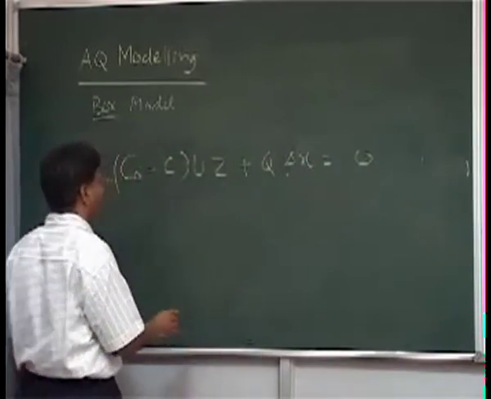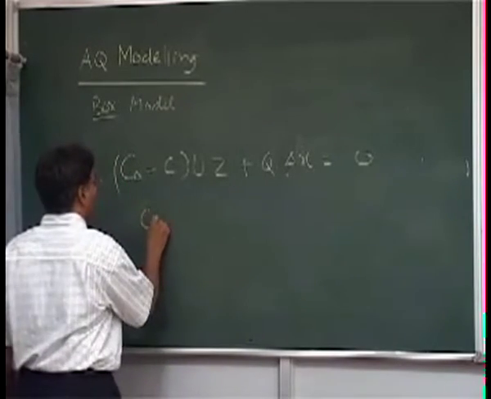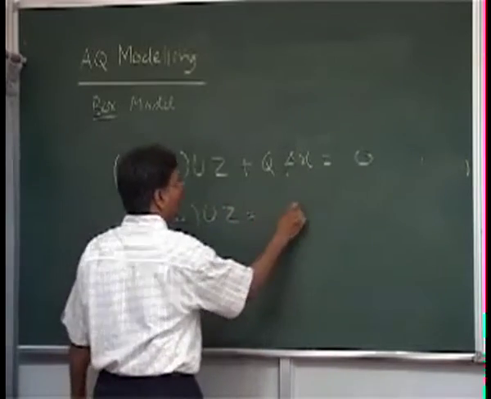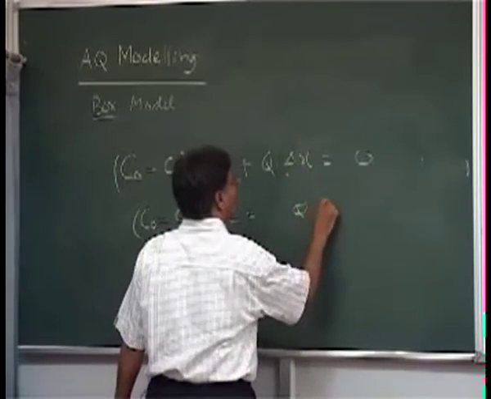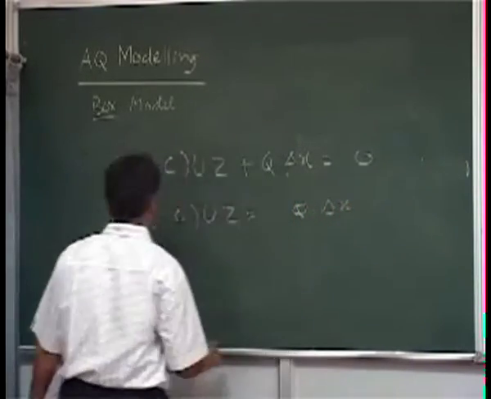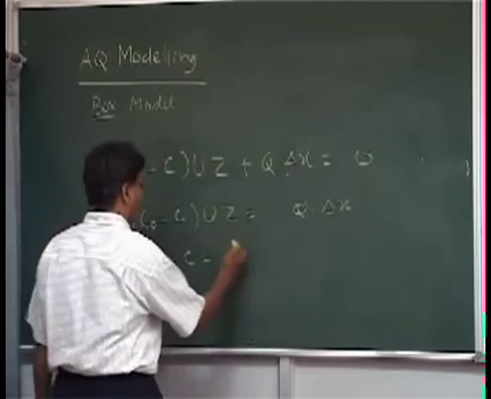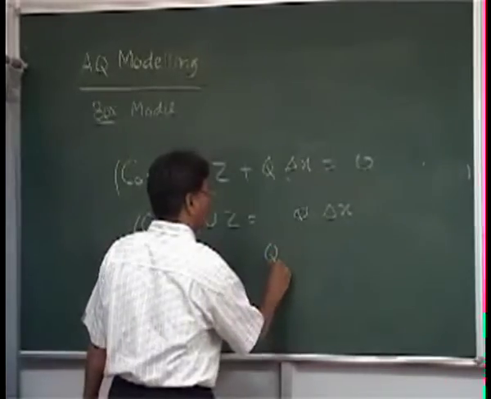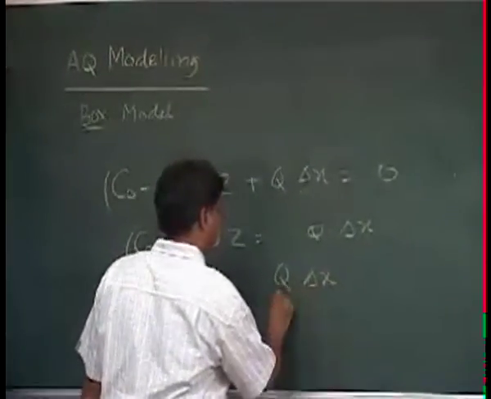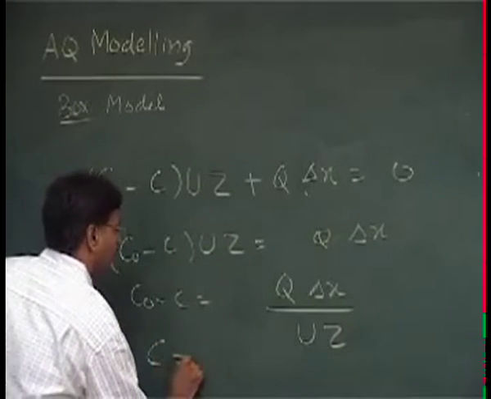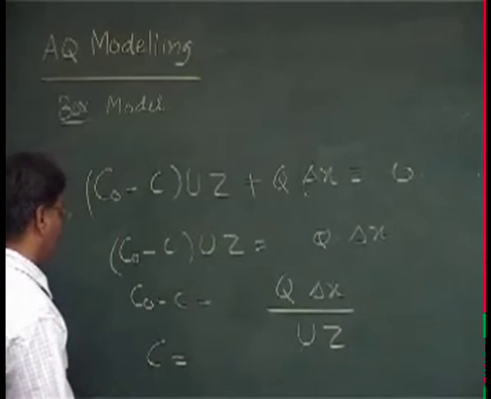So now you have C naught minus C times uz equals Q delta X. So C naught minus C is nothing but Q delta X over uz. So C will be equal to, what's that?